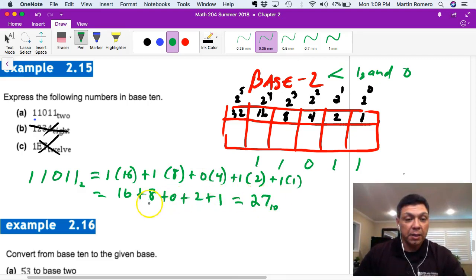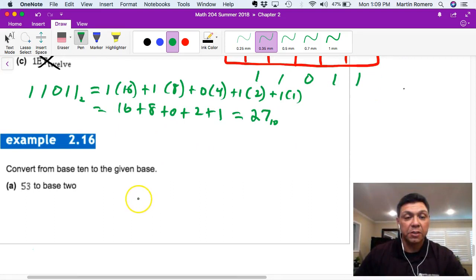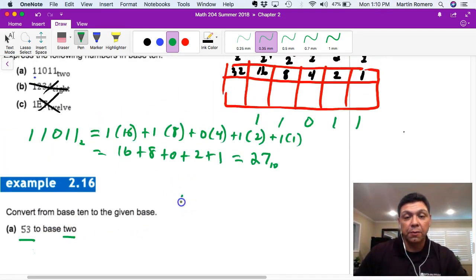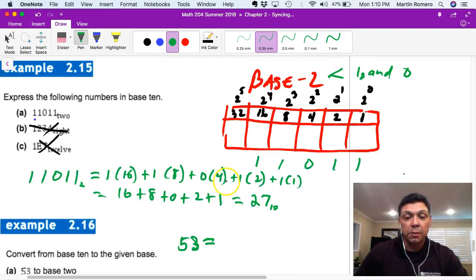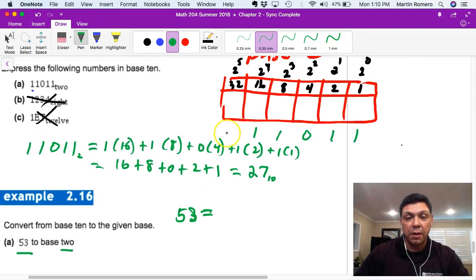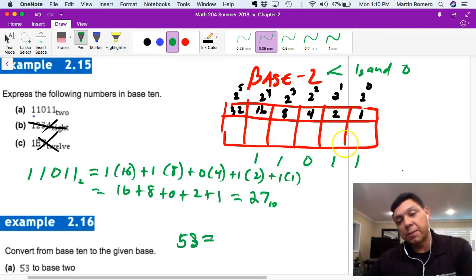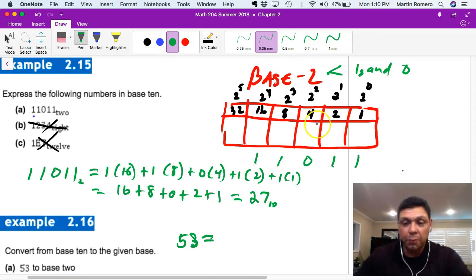And then looking at the last question here, it's kind of a challenge question: what is 53 in base 2? So what would 53 be equal to? And so what we do is ask ourselves the question. It's kind of like using the blocks. The problem is we don't have blocks in base 2 like we do with base 10.